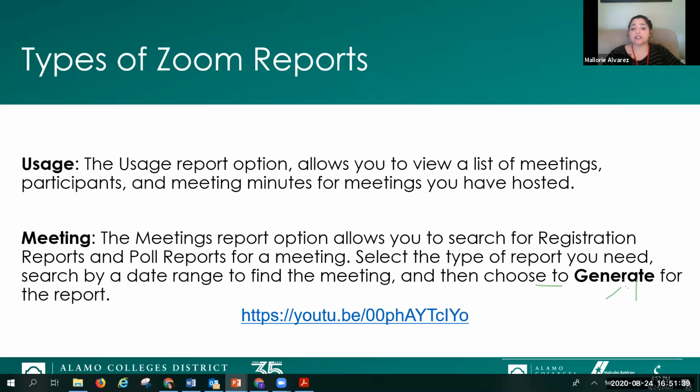And this gives you a list of almost like an attendance roster. It gives you a list of names and their emails. It also gives you the time frame of when they joined the Zoom meeting and when they left the Zoom meeting. So if you're telling students that you're going to be using the Zoom meeting to take attendance, what you would do is after the Zoom meeting has ended, you would go and you would pull those reports, and it exports into an Excel.